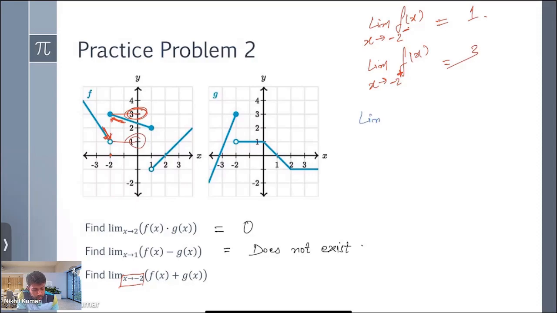Limit of g of x when we are approaching minus 2 from the left hand side, and limit of g of x when we are approaching minus 2 from the right hand side. What are these values? We are going to figure that out. So now we are going to find out the limit of g of x from the left hand side and then from the right hand side.